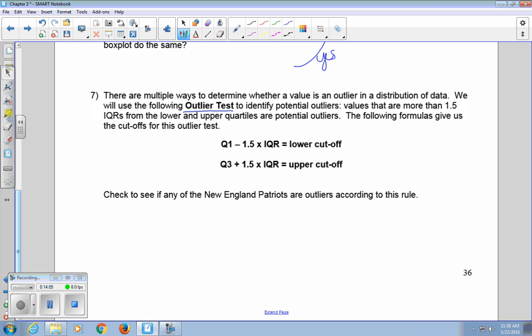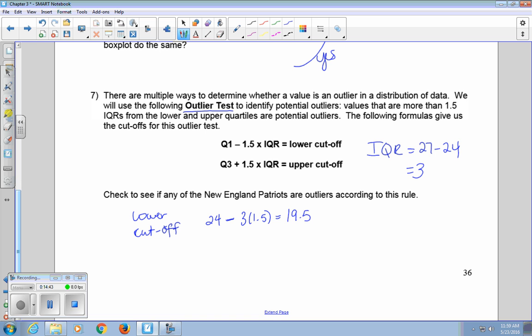Our Q1 was 24, and our IQR was equal to 27 minus 24, which equals 3. So our lower cutoff will be 24 minus 3 times 1.5, which gives us 19.5.